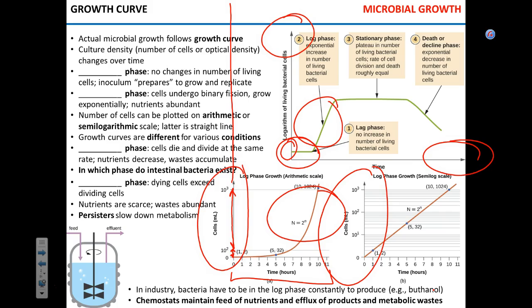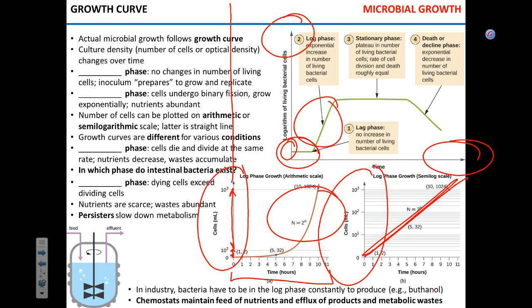What's the logarithm of 100? 2. Because it's 10 to the power of 2. Logarithm of 1,000: 3. It's 10 to the power of 3. So take the power that you have to raise 10 to, to get the number. So if you have 1 billion cells, it's 10 to the power of 9. The logarithm is going to be 9. It kind of stretches your growth curve, makes it linear. Does that make sense?